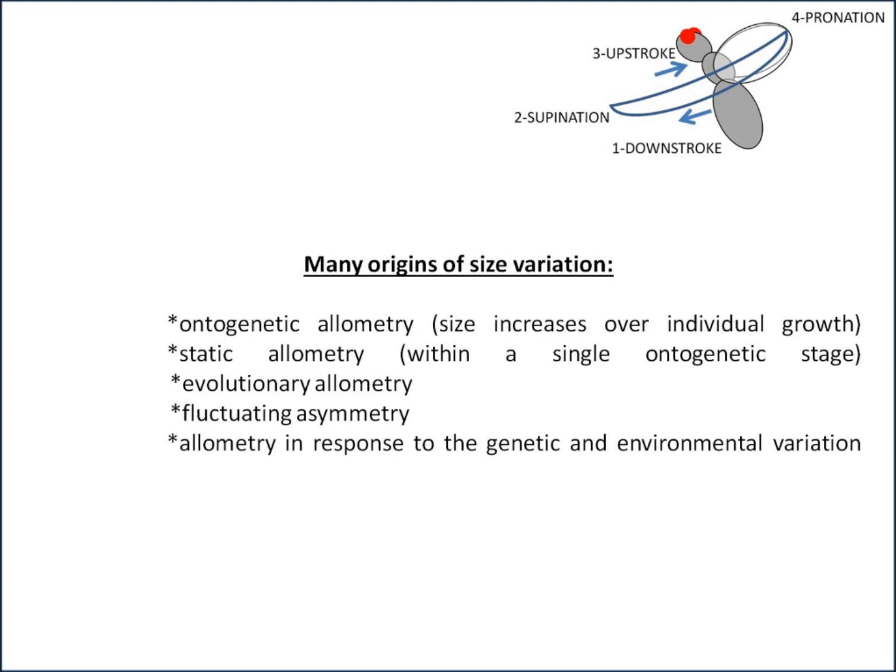Another origin of size is static allometry, so within a single ontogenetic stage. You can also have evolutionary allometry, but also fluctuating asymmetry. And finally, you can have variation in size in response to genetic and environmental variation.